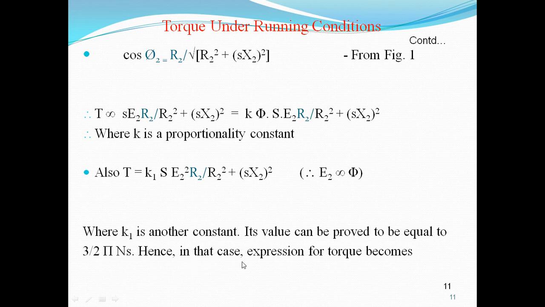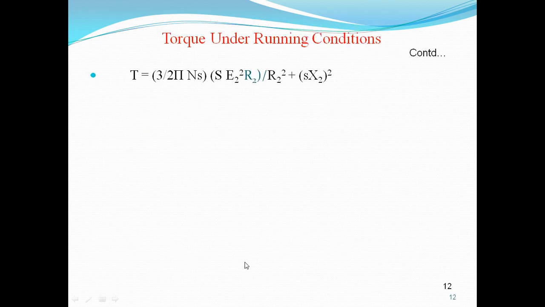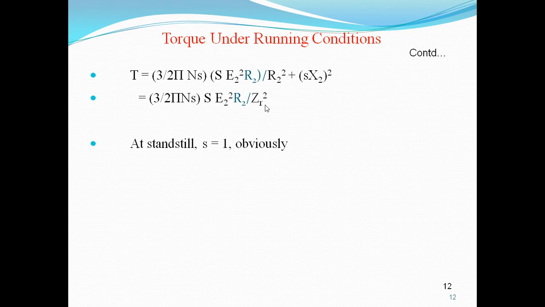Hence, in this case, the expression will become like this. We substitute the K value here. So S E2 square R2 by R2 square plus (SX2) whole square, that is Z2 square.